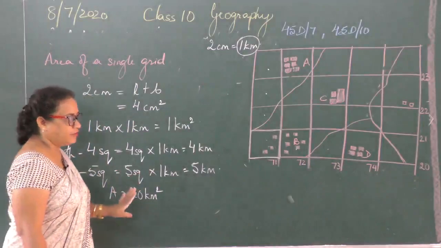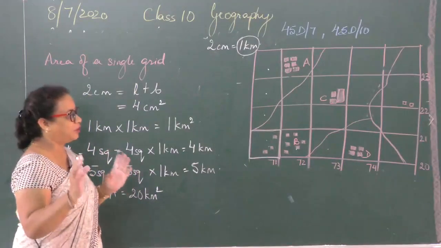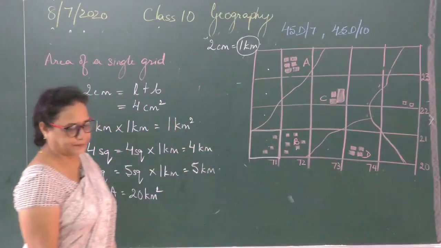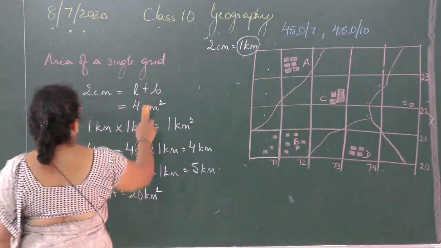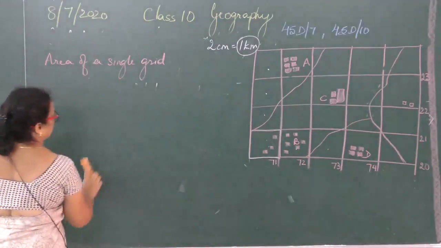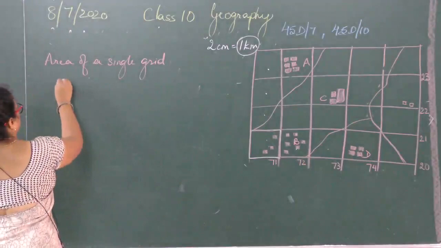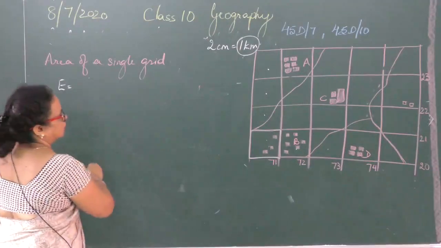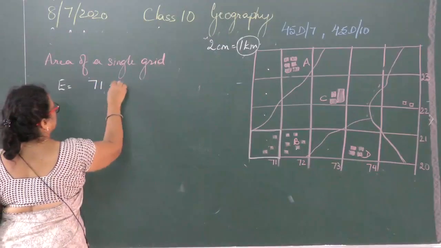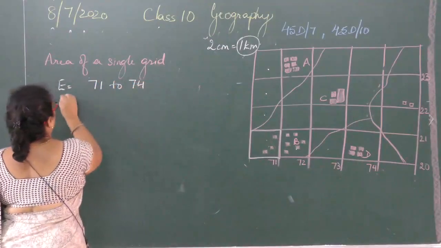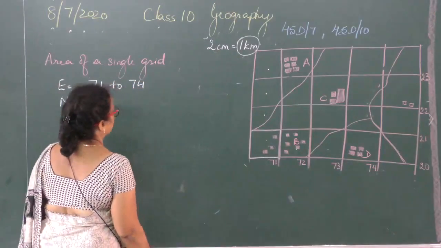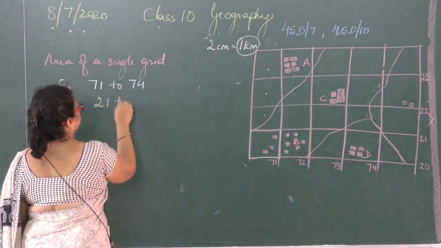Clear? If you are asked the area between, now please note down this question. This is an example. Find the area between eastings 71 to 74 and northings 21 to 23.